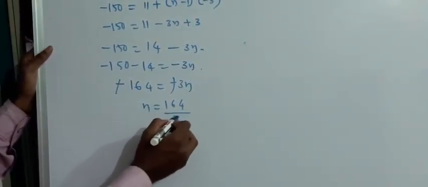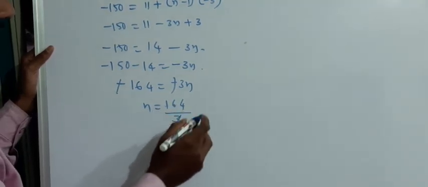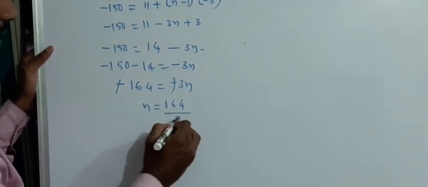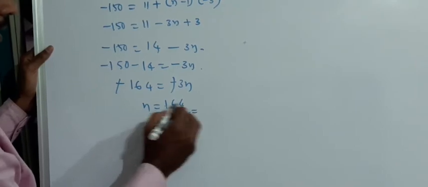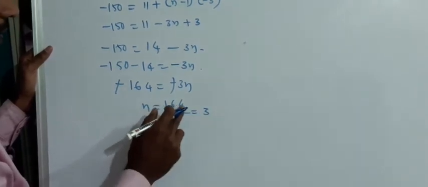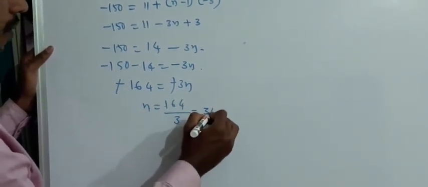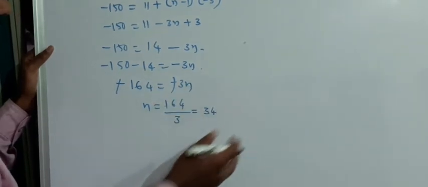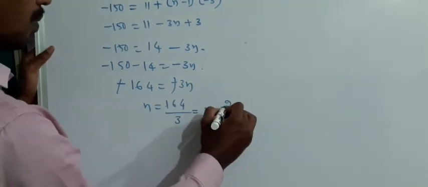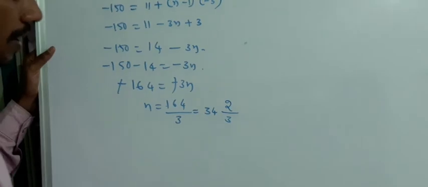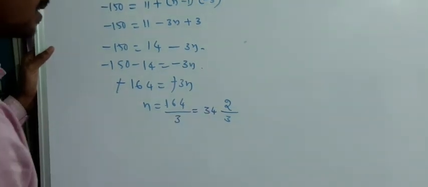So 3 1s are 3, 3 3s are 9, 3 4s are 12, 2 left, 2 by 3, which is not a positive integer.